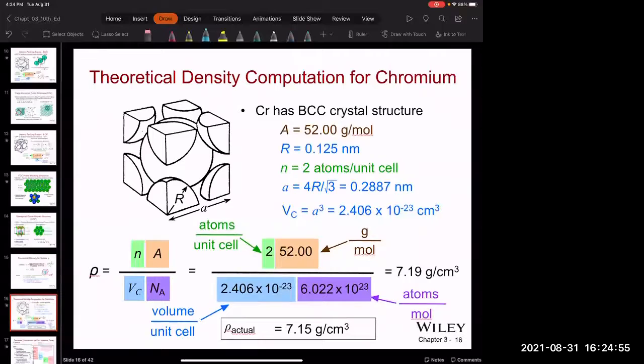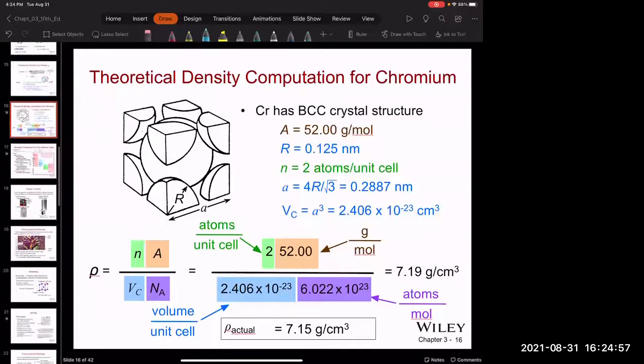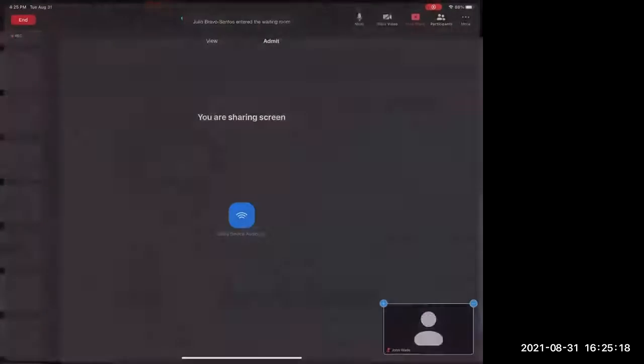Here they show you an example. Again, you can watch the video to understand this. There's an example in the textbook as well, so look at that to understand how to do this calculation. It's not very complicated, but the first thing you have to know is they must tell you the structure of that element.